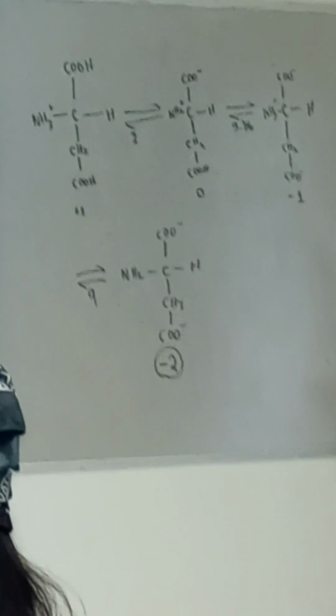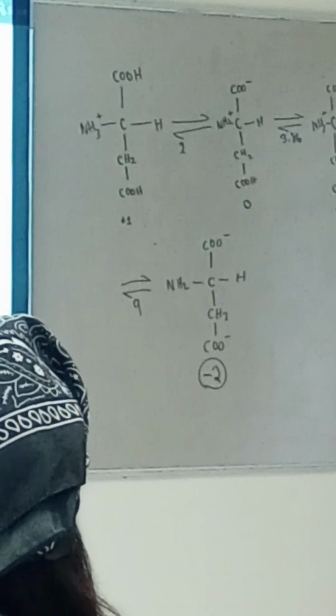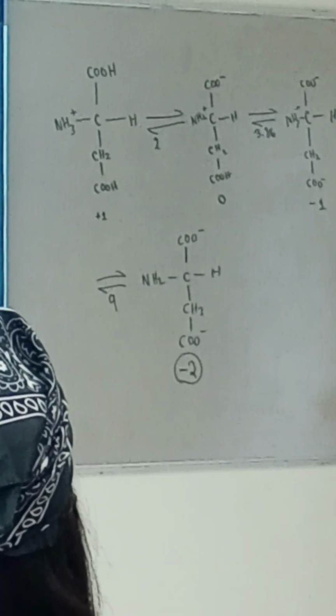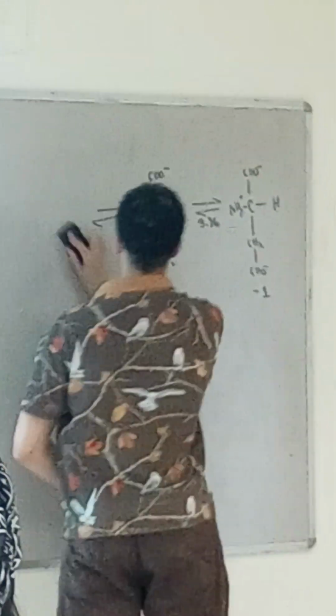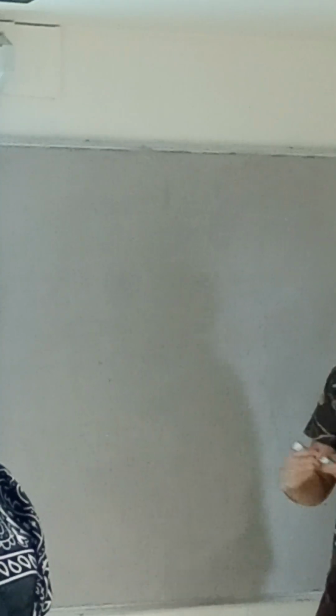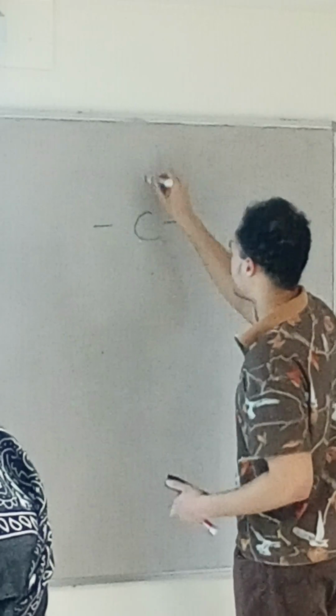When you say alpha carboxylic group, is that part of the classification of them? Right, every amino acid starts off with the same basic template. We have a carbon that's going to have 4 groups on it.